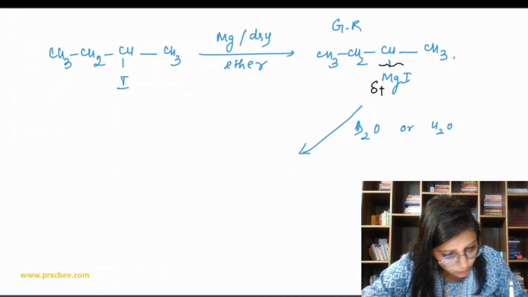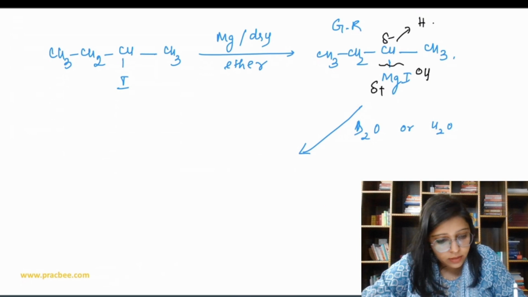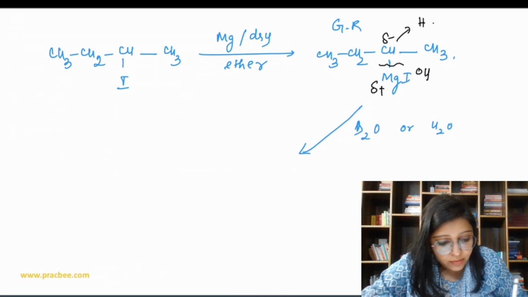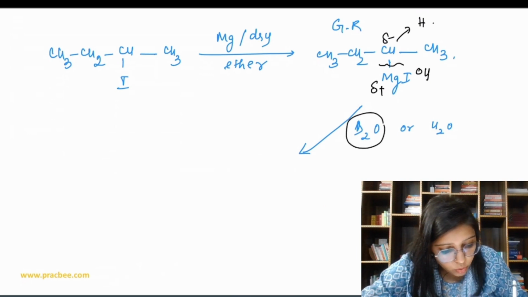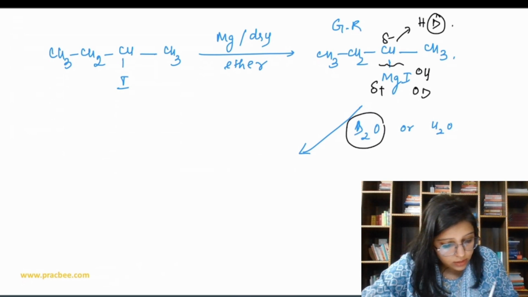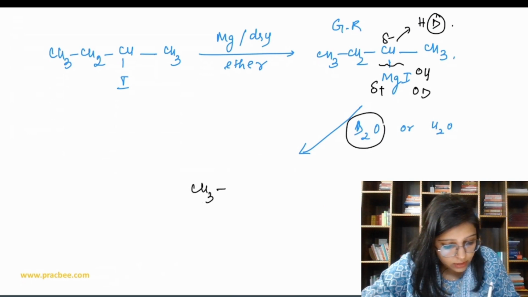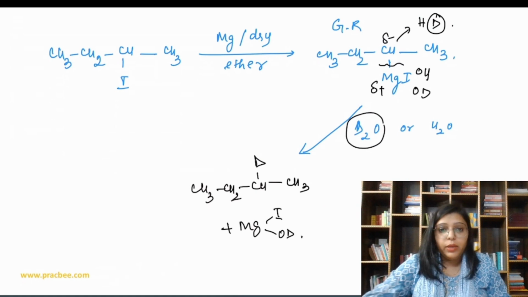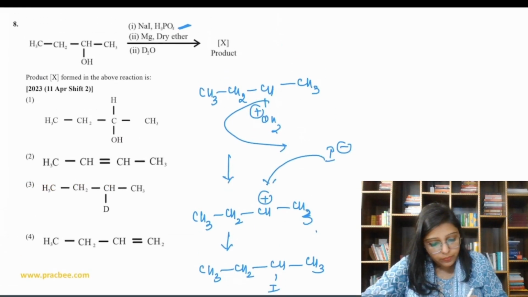This is delta positive, so here we write OD, delta negative, so here we write D. So the answer is going to be CH3CH2CHD CH3 plus MgI(OD). So the answer is going to be third.